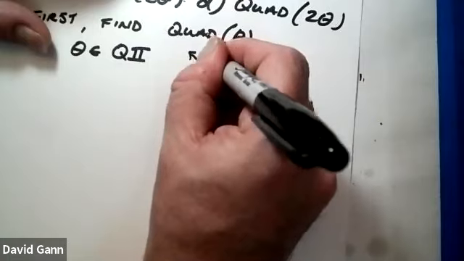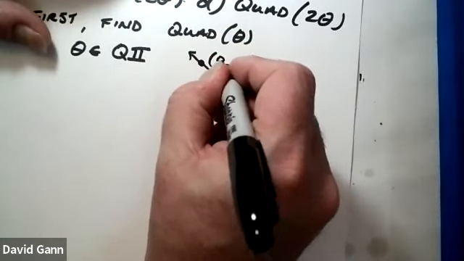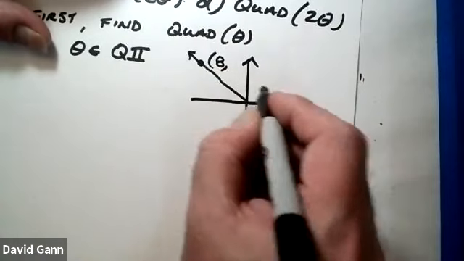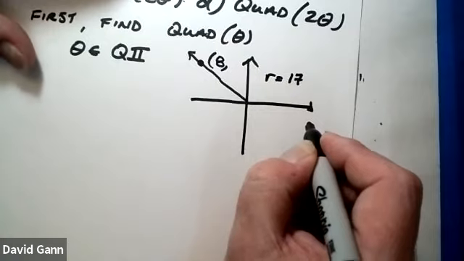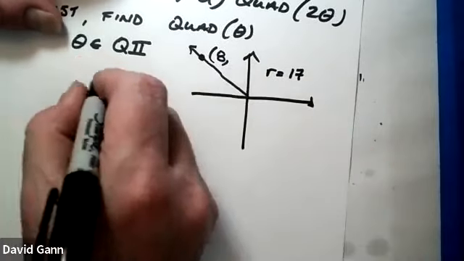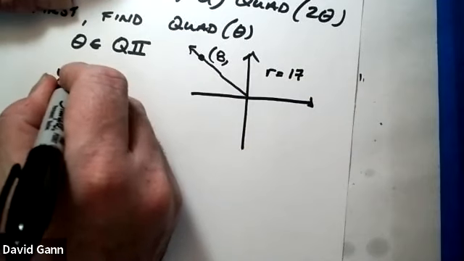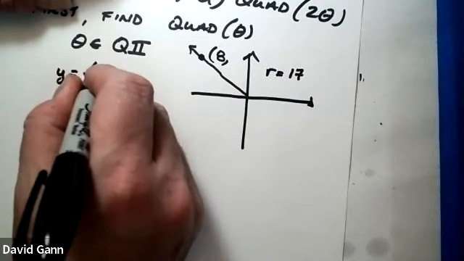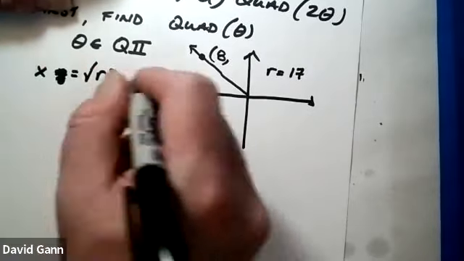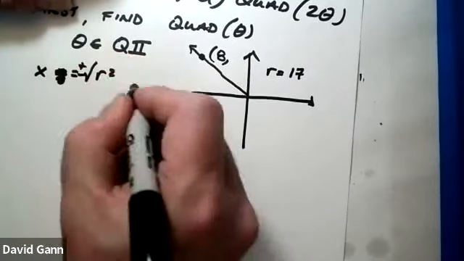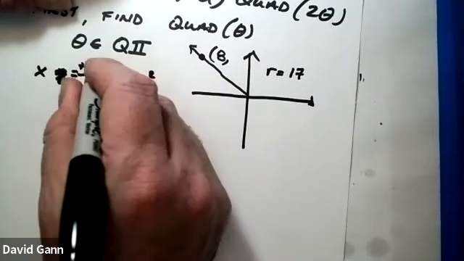So I've got 8. I don't know what x is yet, but r is equal to 17. So, a little scratch work here: not y, we're looking for x, which is plus or minus the square root of r squared minus y squared.